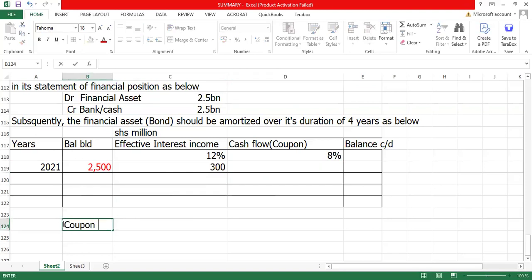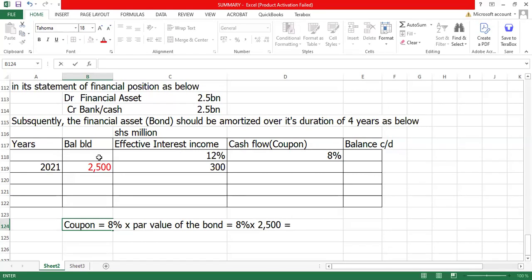At the start, the coupon or the cash flow is 8% times the par value of the bond. Good thing here is that the par value is the same as the actual value, but in some questions you'll find that the par value is different from the actual cost.